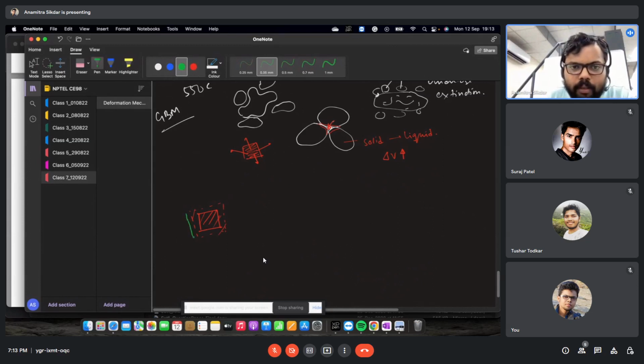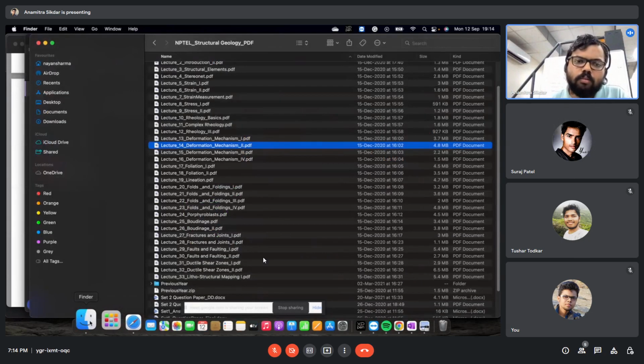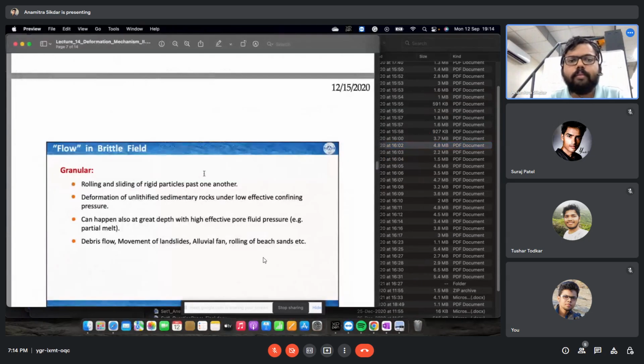You need maybe this much area, a larger area than this one. What will happen? The material cannot go there because this part is already solid. So it will exert pressure along these walls. So this is how the pore pressure will be increased. Are you getting the point? Yes, sir. Okay, so this is what is written here.